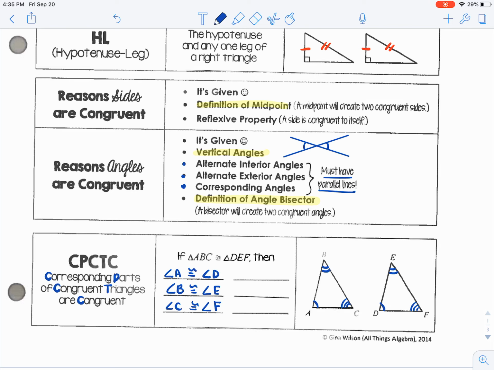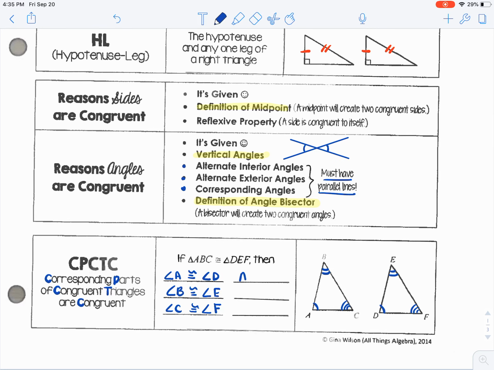And if our triangles are congruent, then our corresponding sides would be congruent. So parts can be angles or they can be sides. The sides that correspond with each other would be AB congruent to DE.